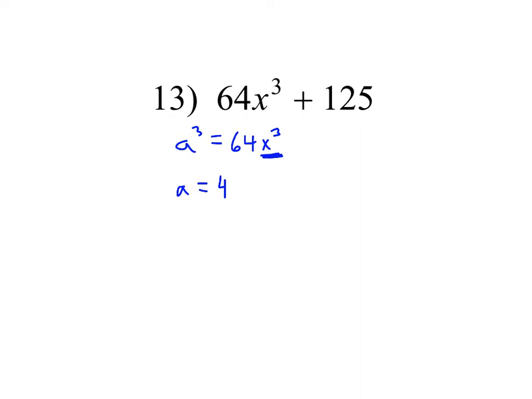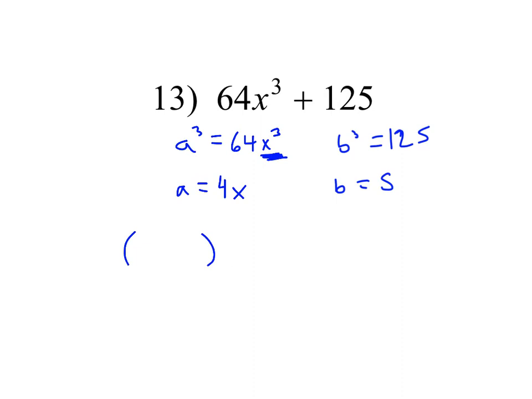So since it's x cubed, it would just be 4x. And then if b cubed is equal to 125, what's b equal to? 5. Perfect.